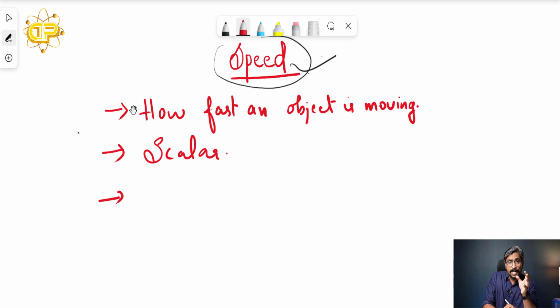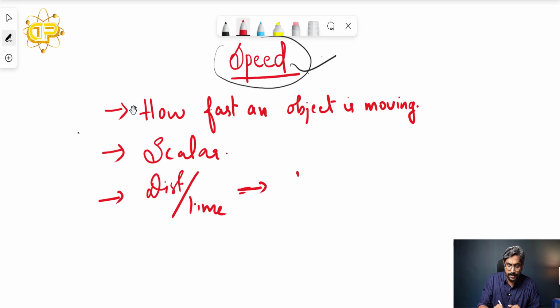We have seen how fast, with respect to time, is the distance traveled. This is what speed gives you, right? So the equation is distance by time. You know the SI unit of distance is meter, divided by time, that is second. So the SI unit is meter per second.